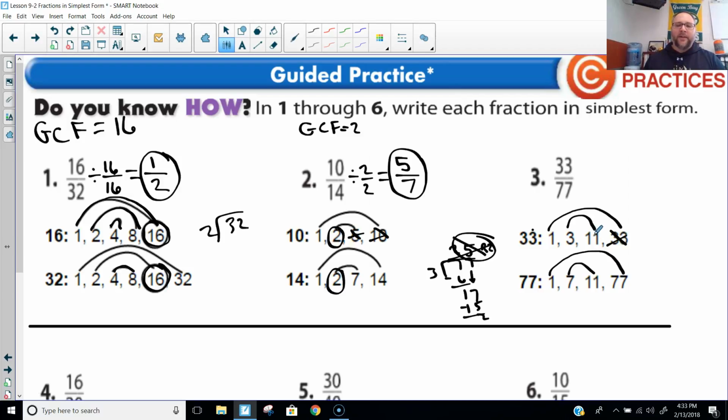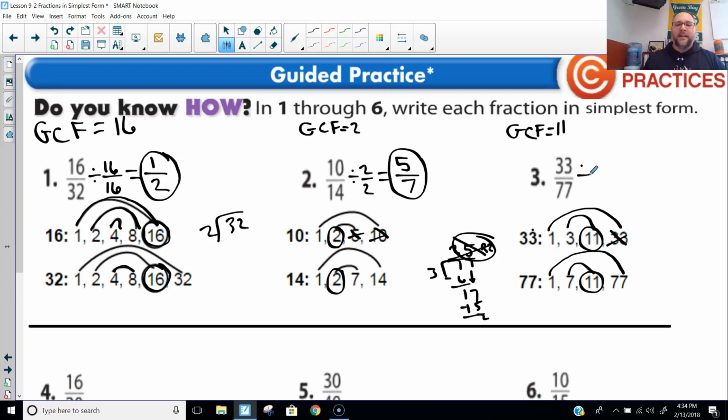Then I go to 11, my next greatest factor of 33. I look down the list, and do I see 11? Oh, yes I do. So I'm going to circle the 11 in each list of factors, each factor rainbow, and I know that my greatest common factor equals 11. So what am I going to do with 33/77 in order to make it in its simplest form?